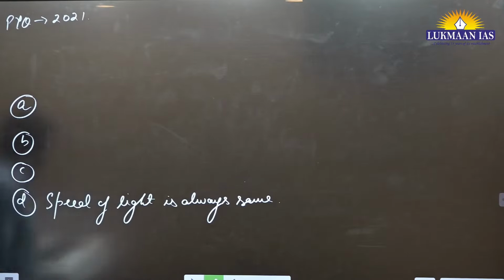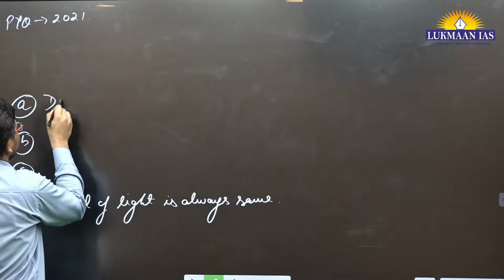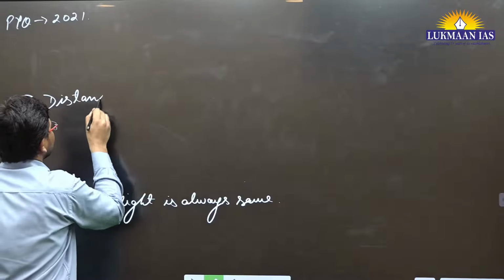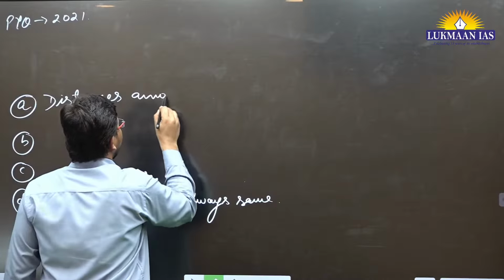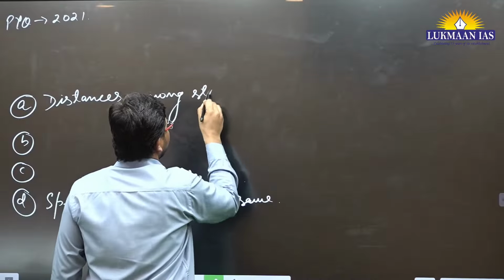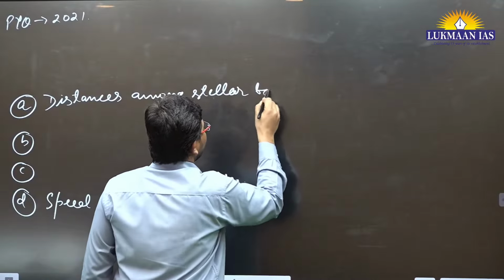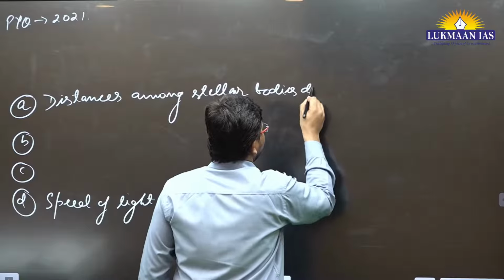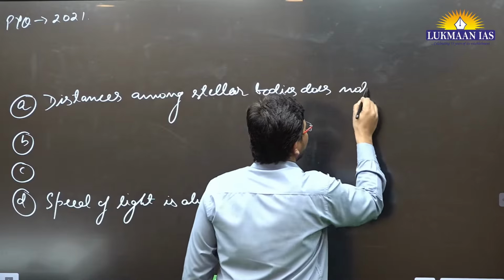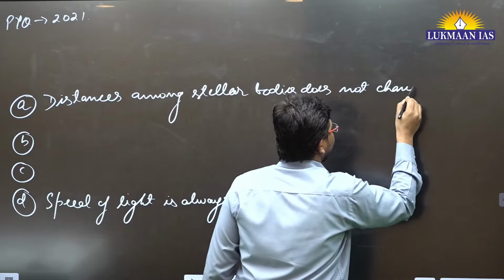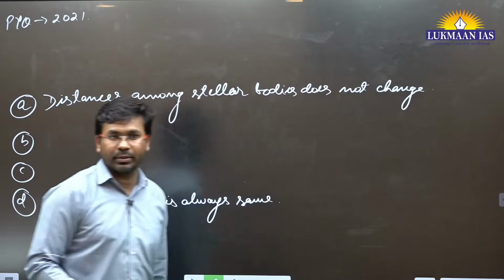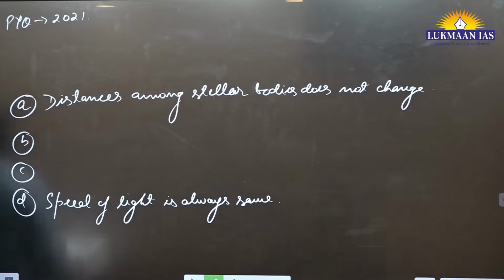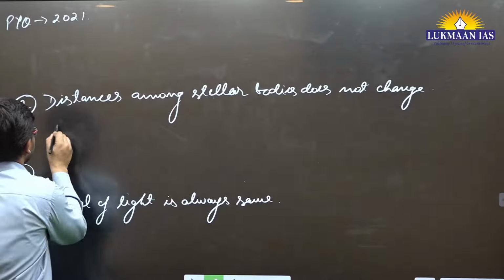So the first option was distances among stellar bodies do not change. Reason it out. Have you read this question? Give me the answer. Gravity of stellar bodies does not change.